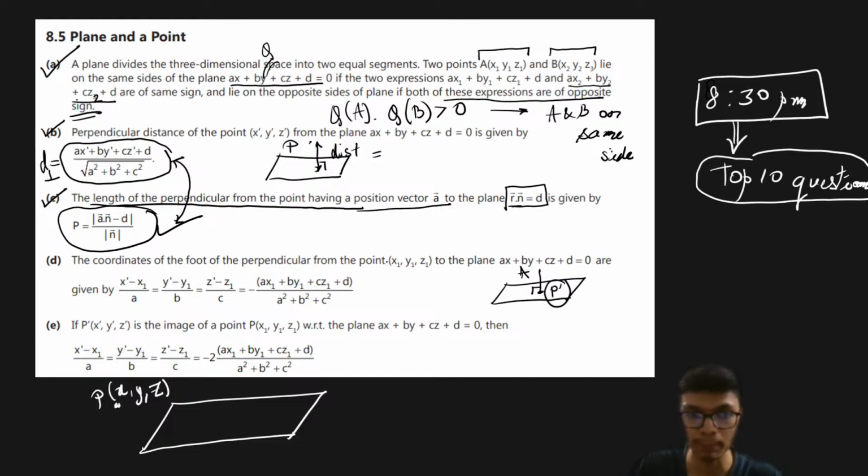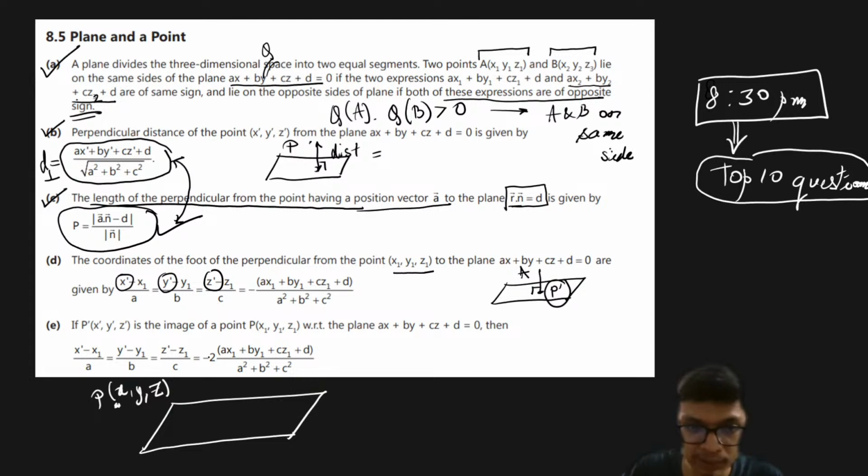If I need to drop a foot of perpendicular from a point (x1, y1, z1) to this plane, then the foot of perpendicular (x dash, y dash, z dash) is given by (x dash minus x1) divided by a equals (y dash minus y1) divided by b equals (z dash minus z1) divided by c, which equals minus of (a x1 plus b y1 plus c z1 plus d) divided by the summation of the squares of the direction ratios of the normal vector to the plane.